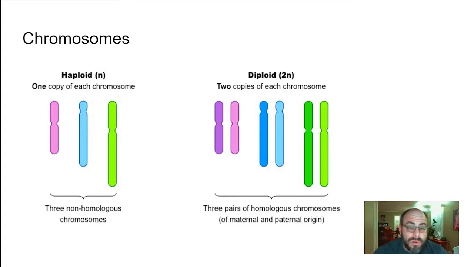It's not the same for dogs or giraffes or other organisms, so I'm just using those numbers as an example, but it could be anything. For humans, 2n, which is what diploid is, would be 46. So 2n equals 46, then n equals 23. N is the symbol for haploid. 2n is the symbol for diploid.